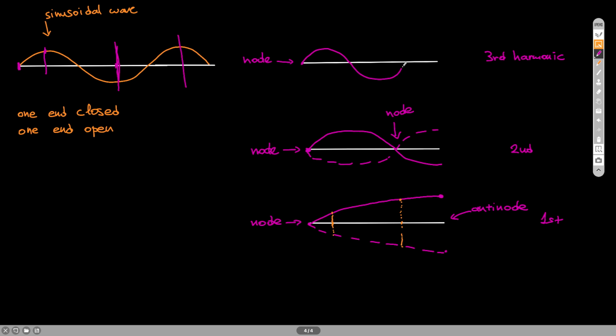Let's see if I can stretch it. All right, there we go. It looks okay. And this is what my third harmonic looks like. Again, this is a node, and this point here on the string is an antinode. This is always moving at the maximum displacement, and also this is an antinode here as well.